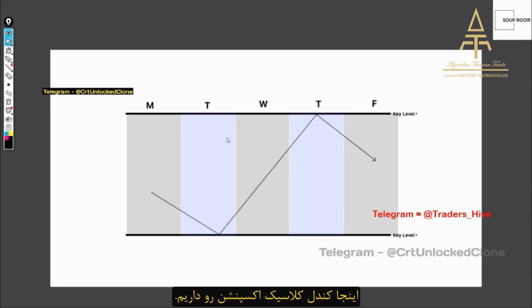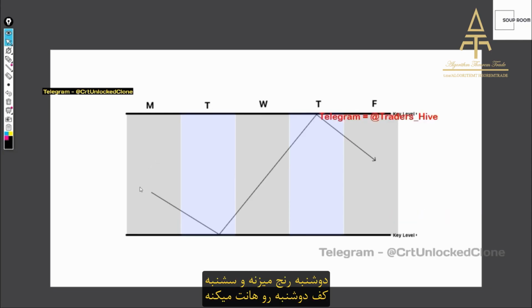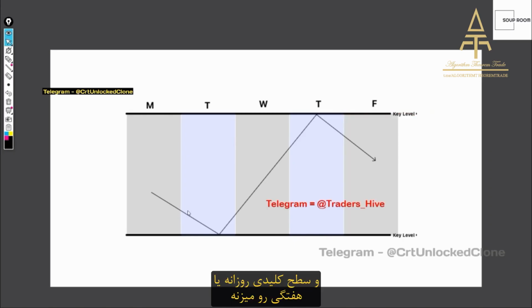Alright guys, so here we have a classic expansion candle. Formation possibility number 1, where Monday creates a range, Tuesday takes out Monday's low, at a higher time frame daily or weekly key level, likely in a discount. So right here you can see Monday.